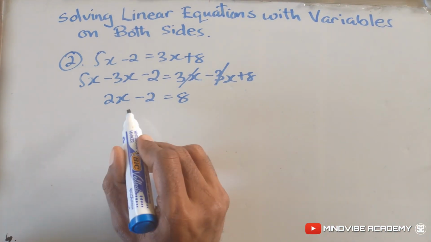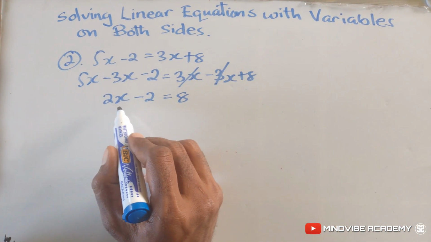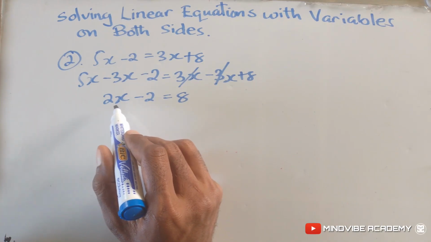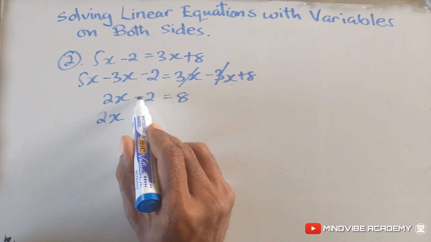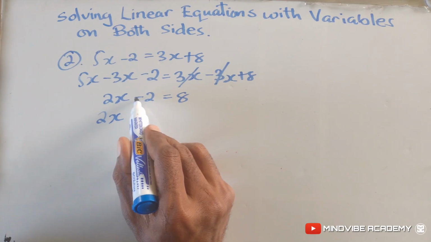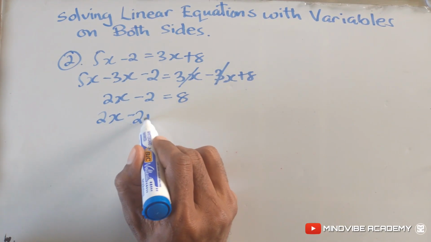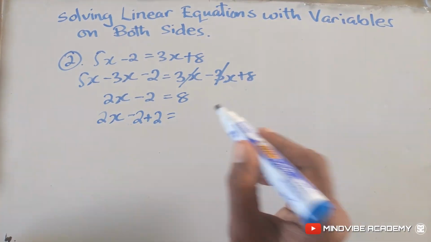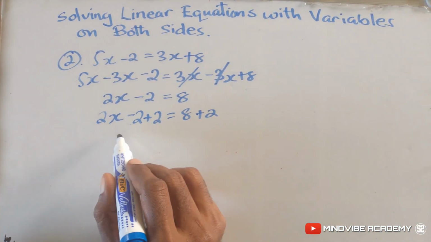Okay, the next step is where we are going to add 2 on both sides. So we have 2x minus 2 plus 2, and 8 plus 2 on the other side.